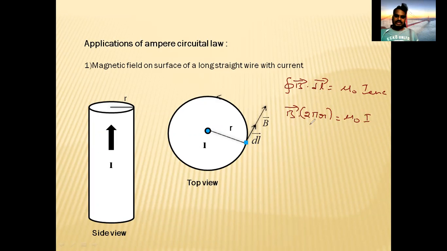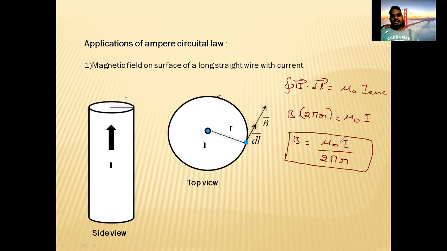I. Since it is a dot product, we don't need to write the arrow mark. So B is equal to mu naught I divided by 2 pi r. This is the magnetic field on the surface of a solid conducting wire when the current I is passing through it.